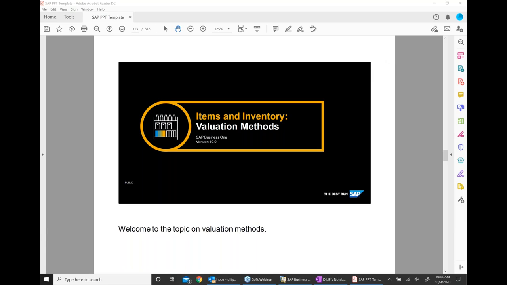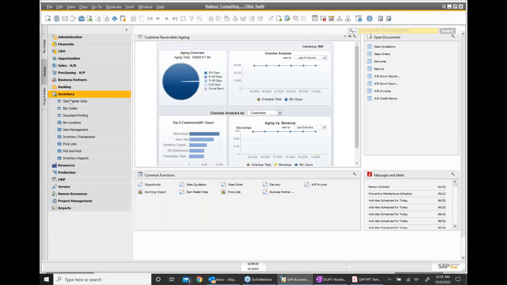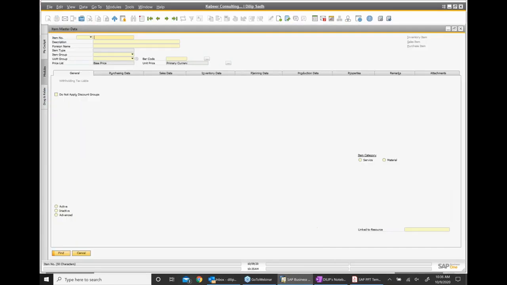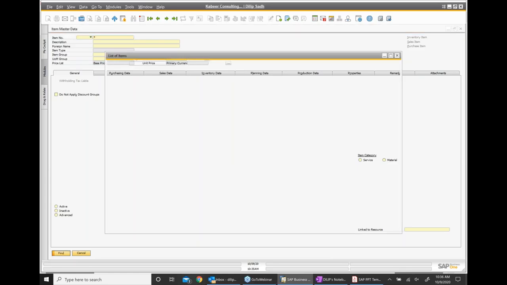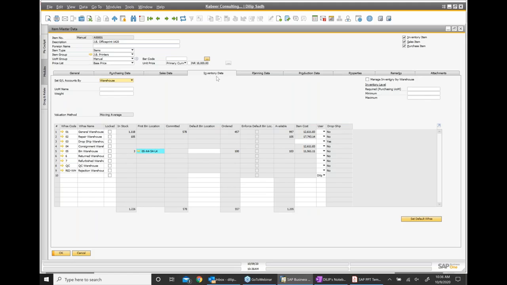And so today, we're going to talk about a new topic that is called valuation method. So when we go to Material Master, if I select a Material Master, then here in the inventory data tab, we have a field that is called valuation method.